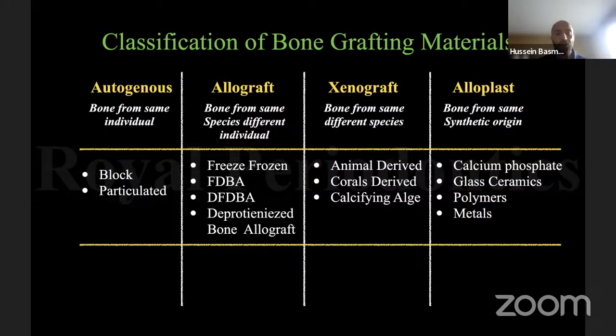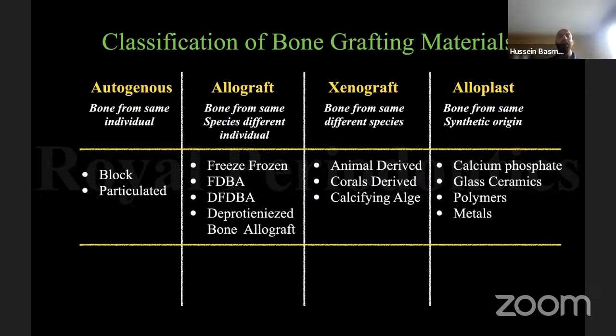That bone has been treated, and we have different options that we used before, but now we focus mainly on the freeze-dried bone allograft. Then we have the xenograft. The xenograft is from a different species, animal-derived bone graft, and then we have the alloplast, which is of synthetic origin.